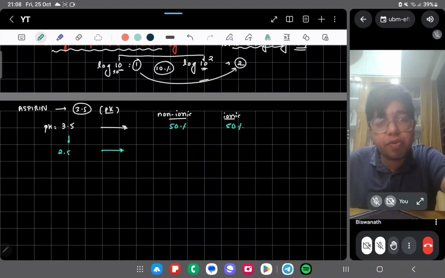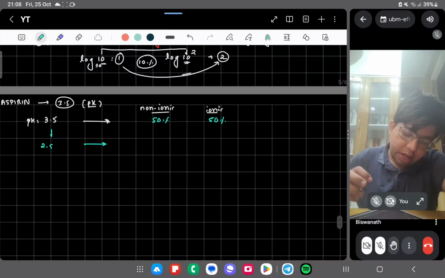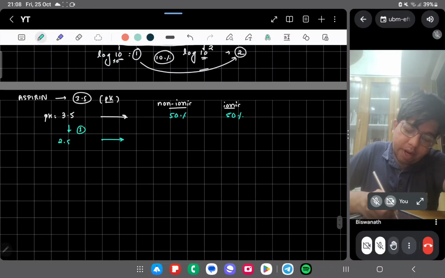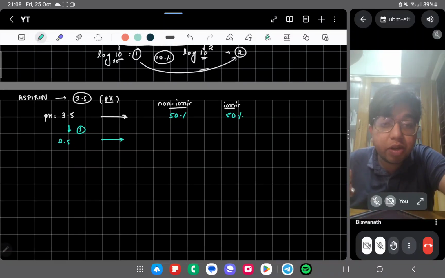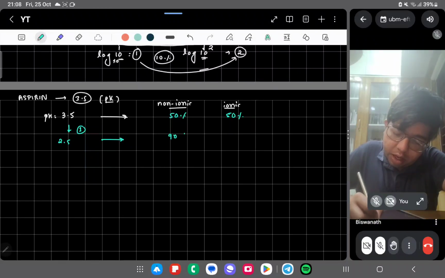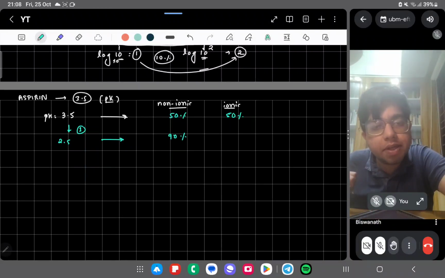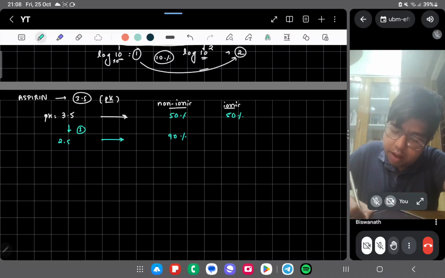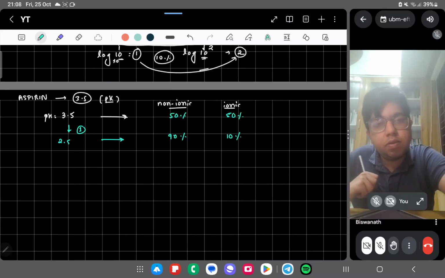How much will it change? It will change by 10%. The pH is changed by 1, so the non-ionic concentration now will be 90%, and the ionic will be 10%.